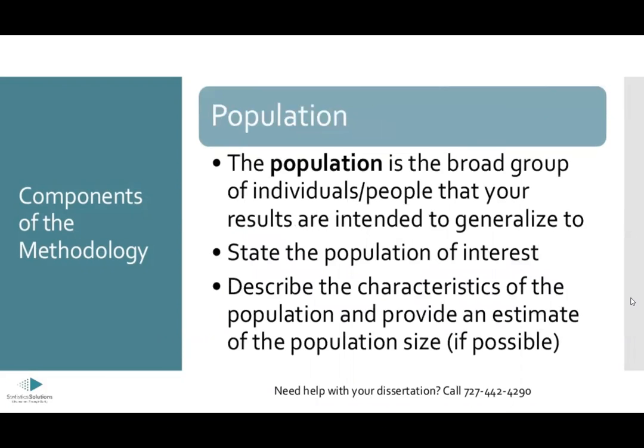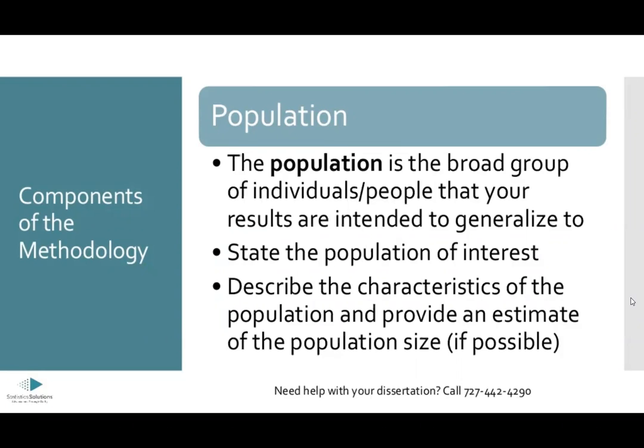Once you do that, you will want to talk about the population that you are intending to study. So here it's important to think back to those early statistics classes and really remember the distinction between population and sample. So the population is the broad group of individuals that your results are intended to generalize or to make inferences about.